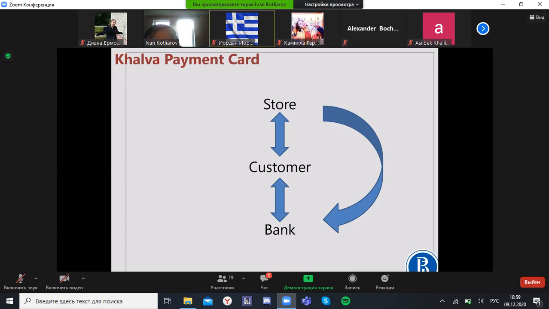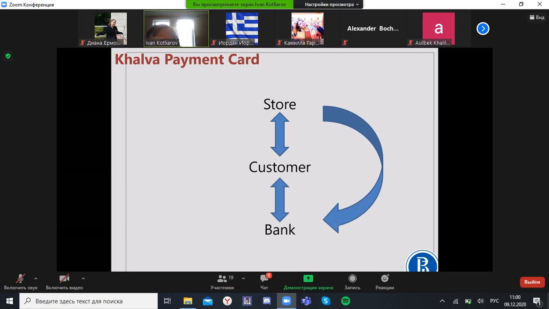Yes. Okay. So it is a new model of cooperation between three key stakeholders of the credit purchase deal: the bank, the customer, and the store. So the interests are paid by the store. So guys, here we see a new product. It is not a credit card, it is a payment card. In English, it means buy now, pay later.